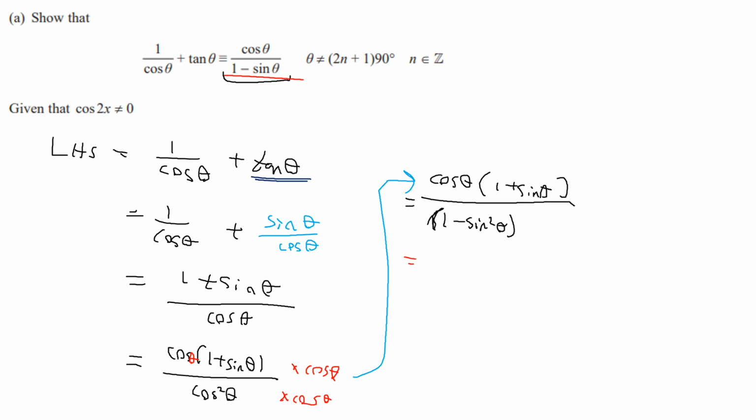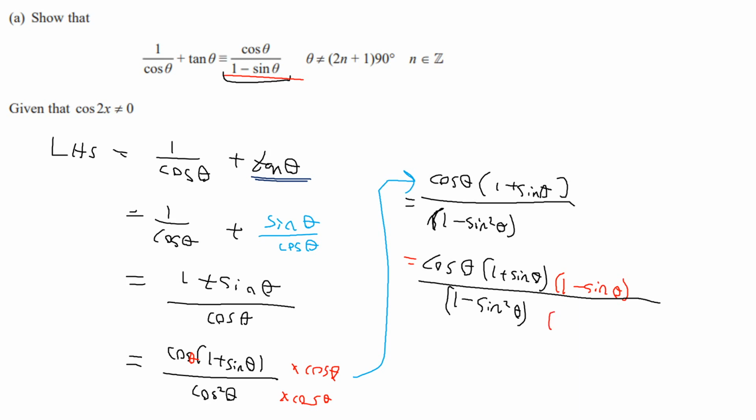So this will be, I'll write this out in multiple colors so you can see, cos theta times 1 plus sine theta, and then we're timesing it by, wait for it, 1 minus sine theta, and it's all divided by 1 minus sine squared theta, okay, times 1 minus sine theta.